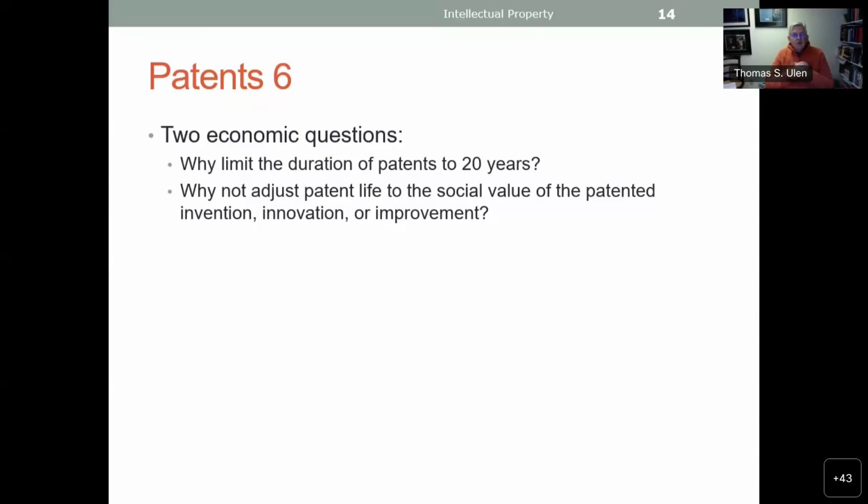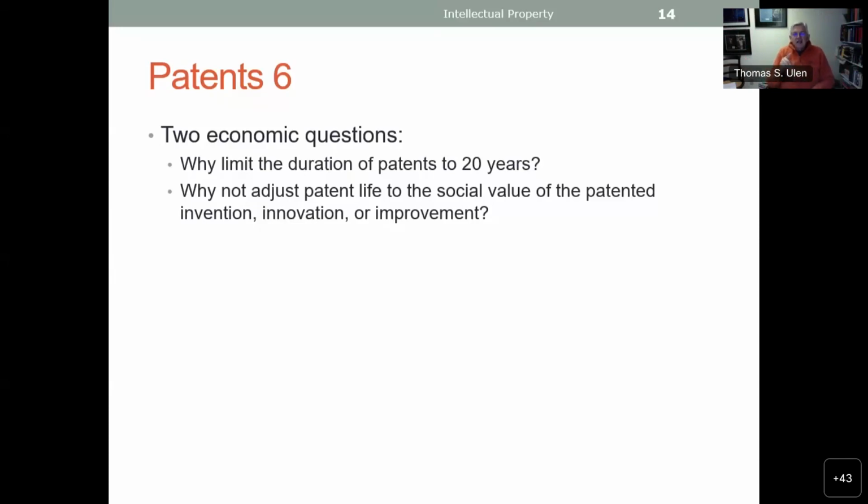So we worry about the fact that very big social benefit inventions are not getting made because the duration of the patent life is too short to repay the investment into that thing.